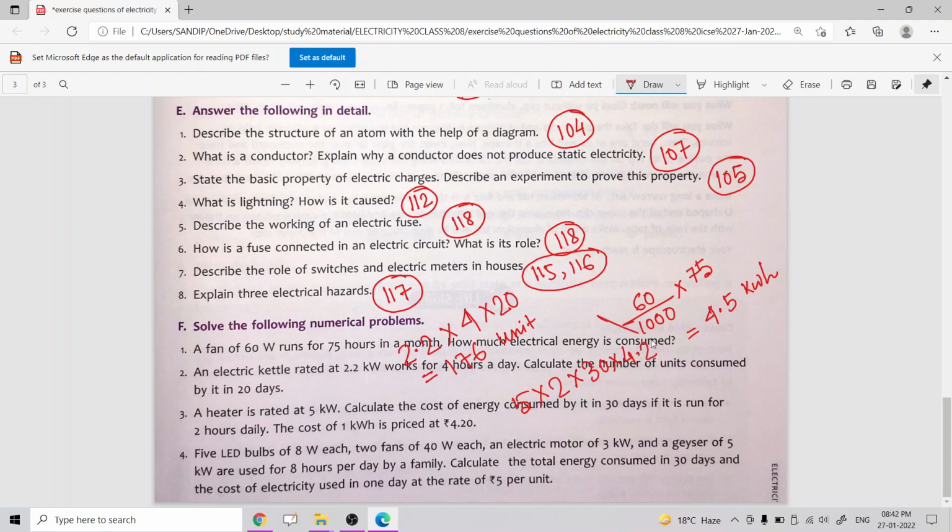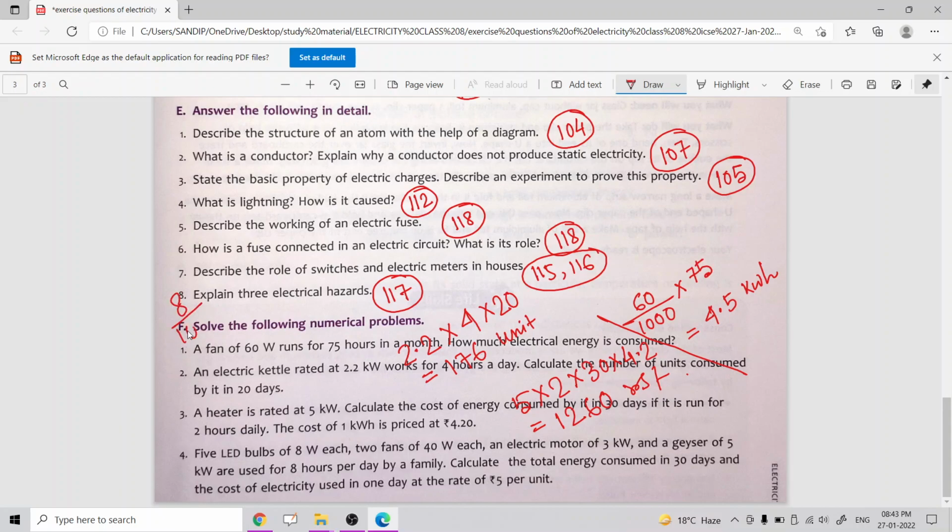So with 4.2, you will get the answer, that is 1260 rupees.